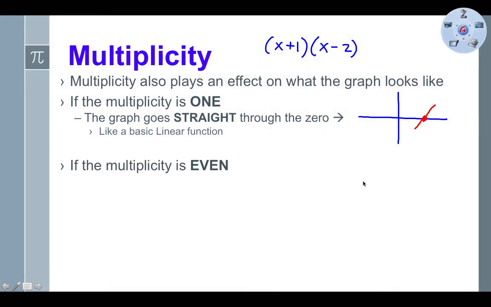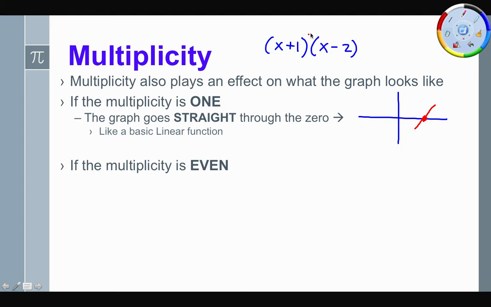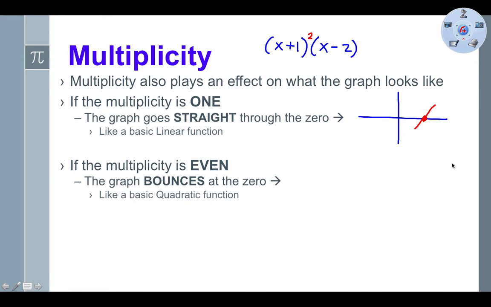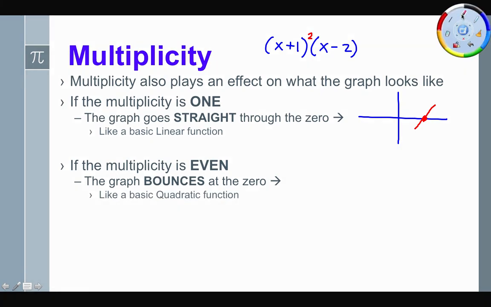If the multiplicity is even, 2, 4, 6, all that kind of stuff, if we had a multiplicity of 2 like this up on top, we had x equals -1 with a multiplicity of 2, then we're going to use simple terms here. The graph bounces at that zero, and it basically looks like a basic quadratic function at that zero.